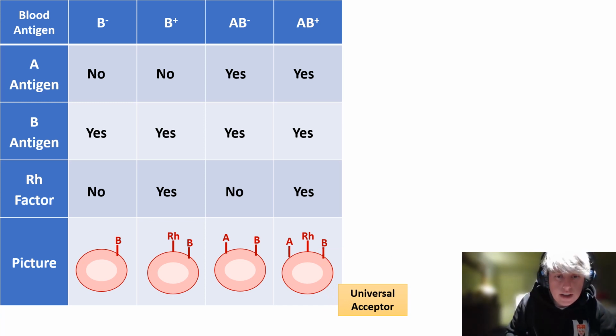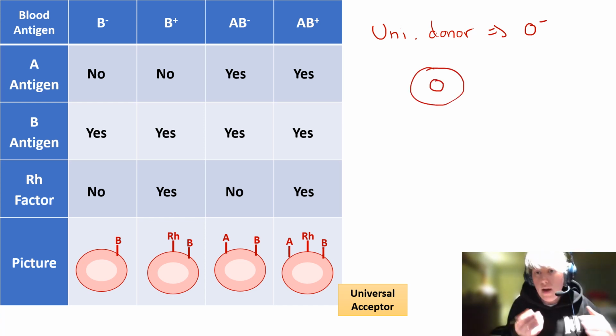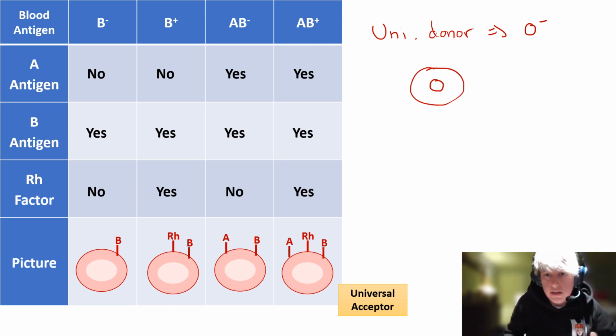So if we're just drawing a little bit of our sketch of our blood types, we have our, again, universal donor, which is individuals that are O negative. So if we're drawing a sketch of our blood type, it's just a red blood cell without any of our blood antigens attached to it. And we have individuals that can be considered the universal recipient.